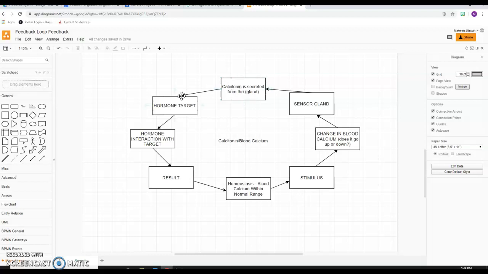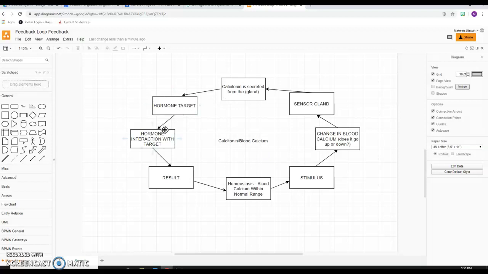From here, where is calcitonin going to go? What is its target? When it reaches that target, how does it interact? What does it do at the target? We can't just say calcitonin is secreted, and it changes blood calcium, which increases or decreases, whichever you determine.